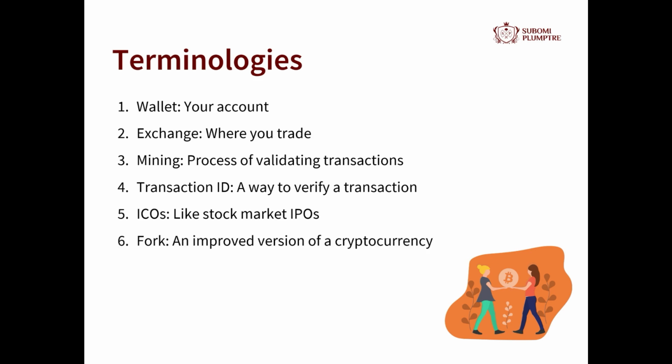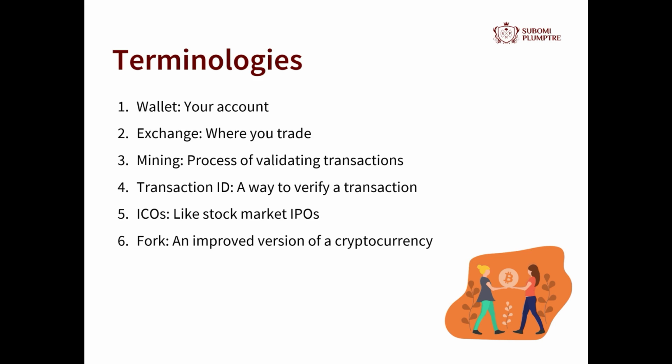A fork is an improved version of a cryptocurrency. So sometimes certain groups would improve on the software, or improve on the cryptographic function that runs a particular cryptocurrency, and then a new version emerges, which is called a fork. A lot of times when a new version emerges, individuals holding the existing coin will be given an equivalent amount of the new version.